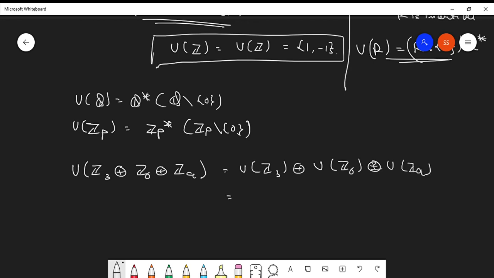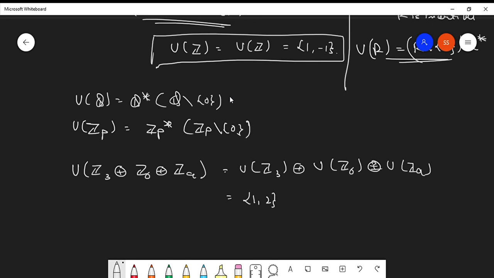What will be the units of Z3? 3 is prime, so every element of Zp is invertible except 0. So you are left with 1 and 2.